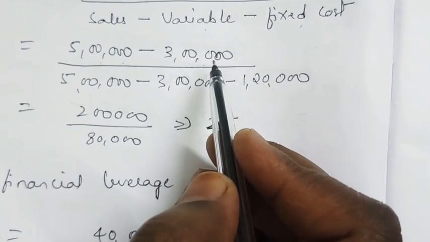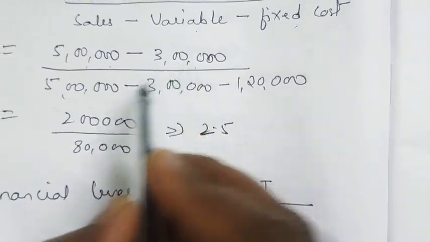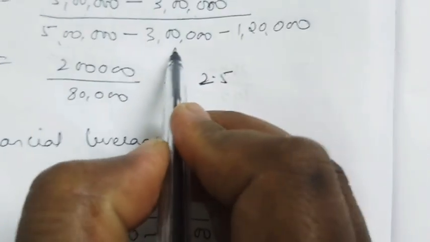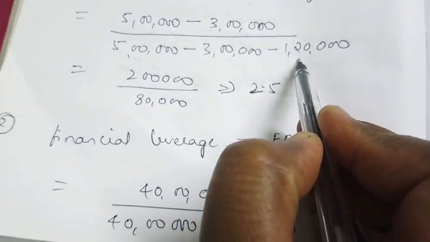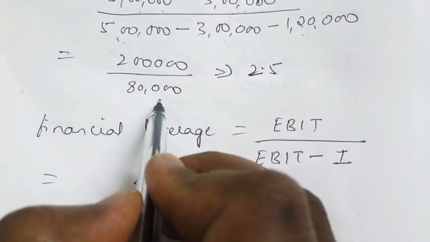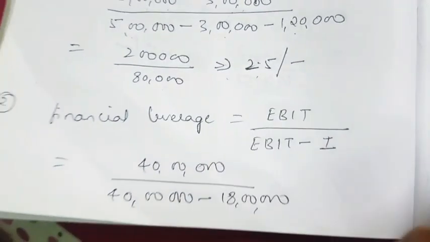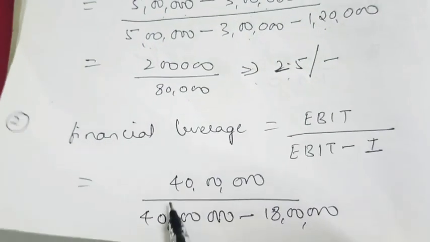So 5 lakhs into 60%, you are going to get 3 lakhs of variable cost. Divided by 5 lakhs minus 3 lakhs minus 1,20,000 of fixed cost. That gives the value 2 lakh divided by 80,000, that implies 2.5.